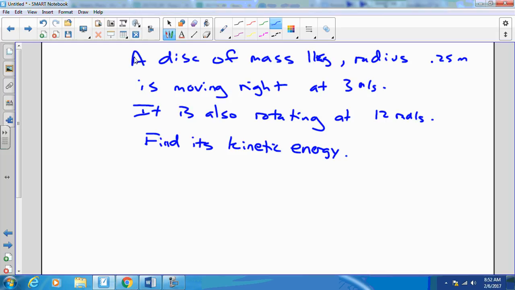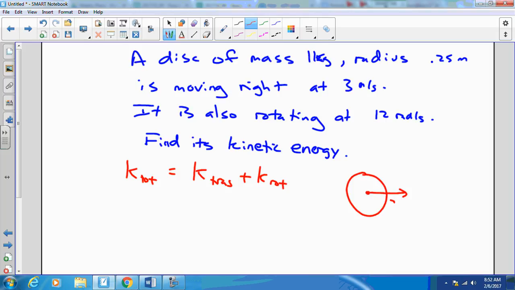So notice that this problem takes our previous problem and it now adds to it translation. So we can say that our big formula for the day is total kinetic energy equals translational plus rotational. And we now consider what is happening. First of all, to the center.